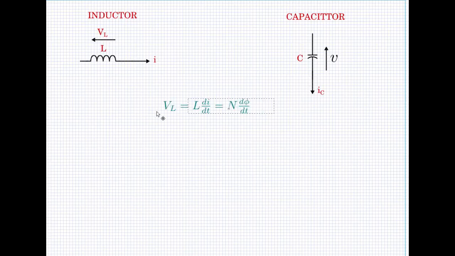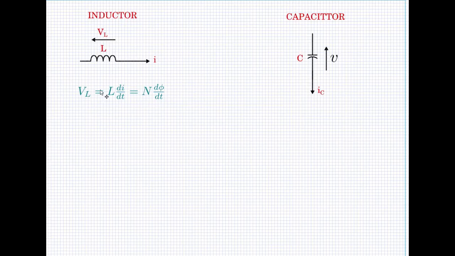So by the Faraday's law, if you look at that, you will see that VL is equal to L di by dt, and the inductor is generally wound on a core, on a magnetic core, which has N turns, and there is a flux phi which is flowing through the magnetics and linking with the coil.